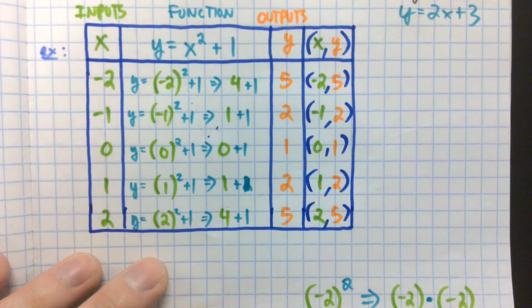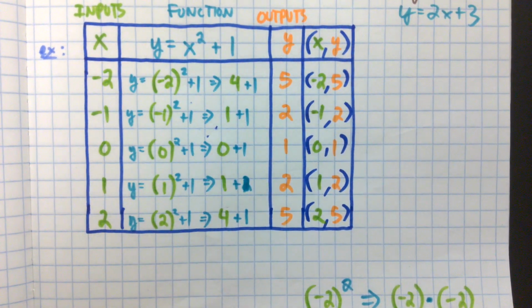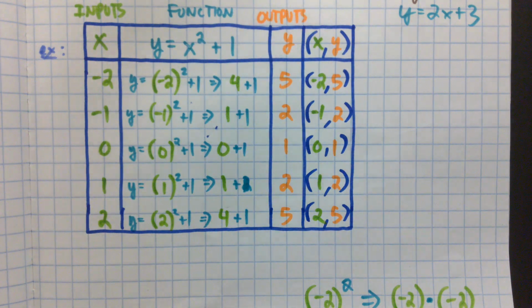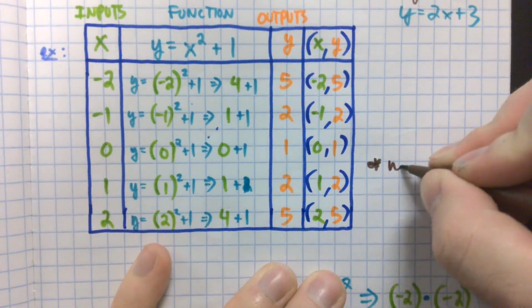So let's describe this function. Let's start with linear, nonlinear. Give me a thumbs up for linear, thumbs down for nonlinear. Remember, linear means a straight line. Give me a thumbs up if this is a straight line. Thumbs down if it is not a straight line. It helps that we just saw the graph, which was very obviously not a straight line, right? So this is non-linear.